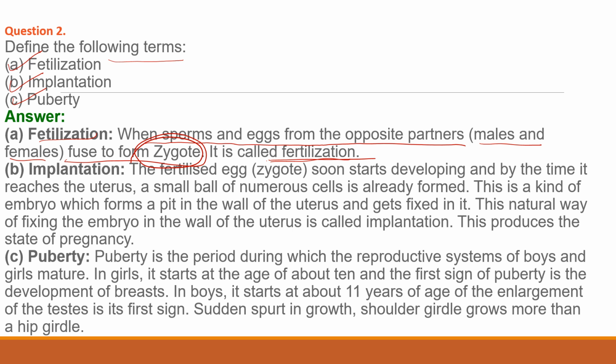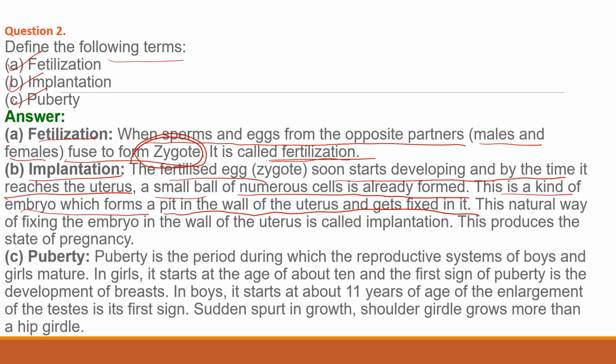So what is implantation? The fertilized egg soon starts developing, and by the time it reaches the uterus, a small ball of numerous cells is already formed. After several cell divisions, the zygote develops and numerous cells have formed. This is a kind of embryo, which forms a pit in the wall of the uterus and gets fixed to it.